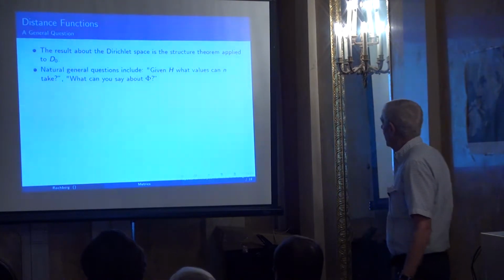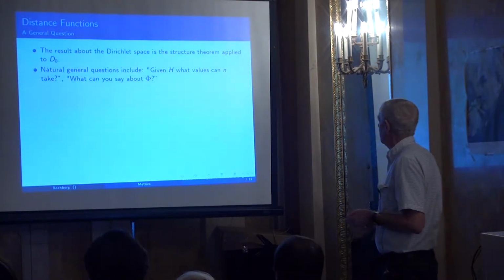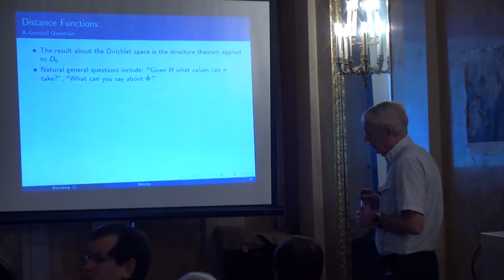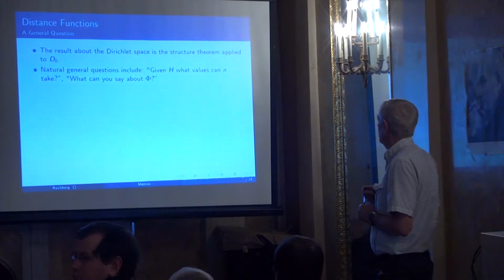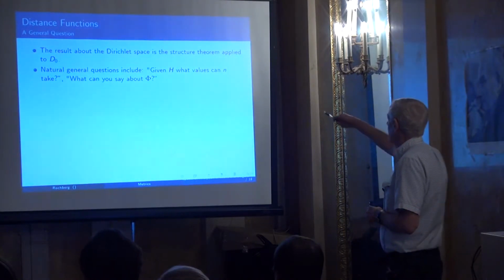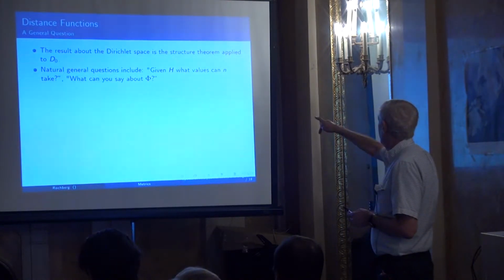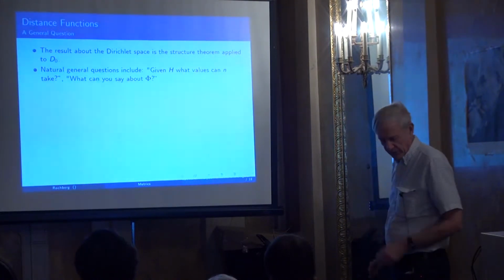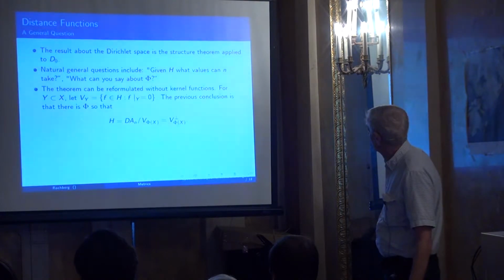So the general question is, given a Hilbert space H to which this theory applies, what values of n can we take? And more generally, what kind of structural information can you get about this mapping that maps into the unit ball? How does that mapping relate to the properties of H as a Hilbert space?